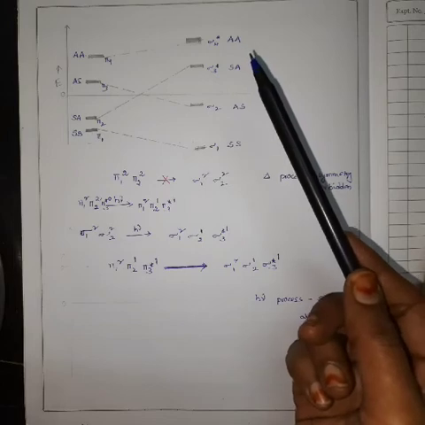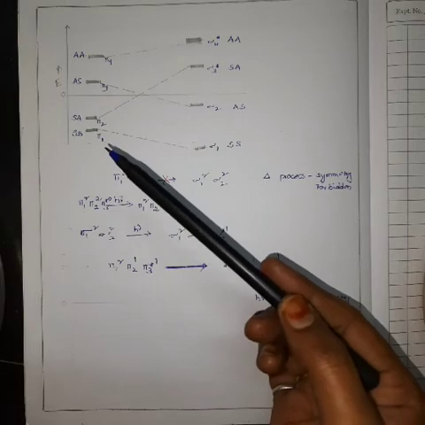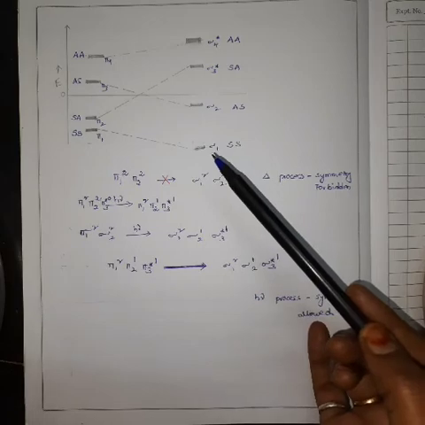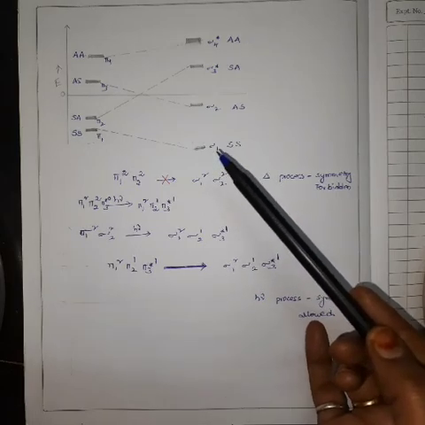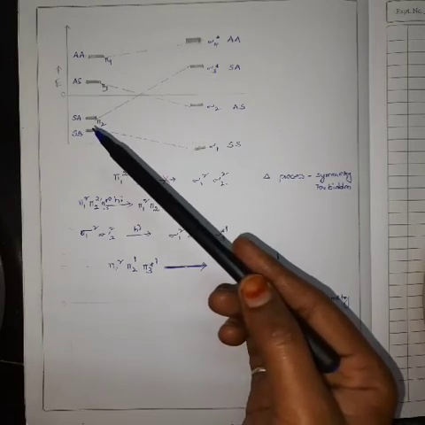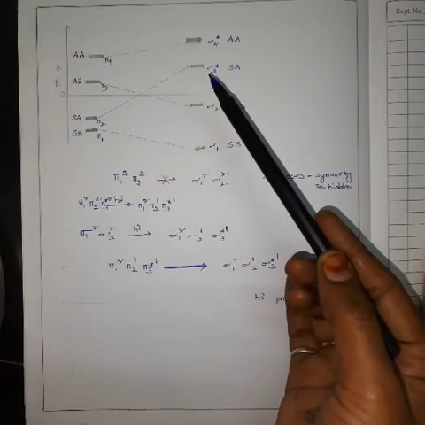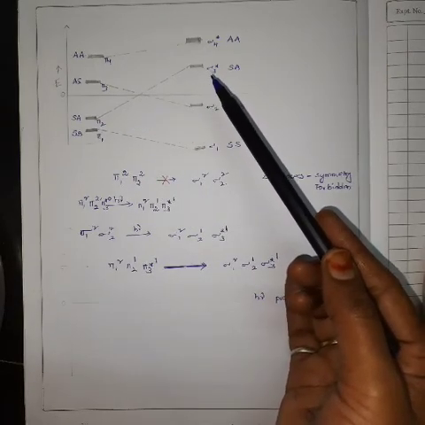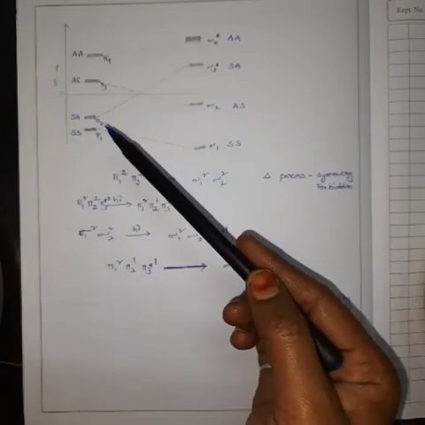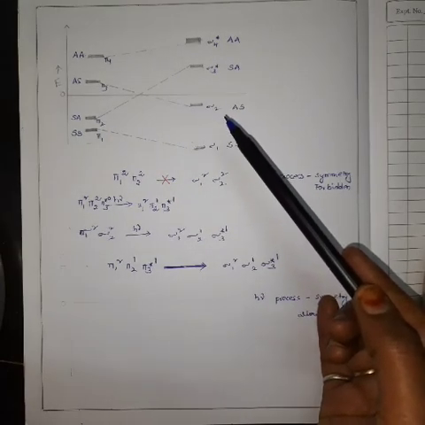molecular orbitals of products. Here the symmetry of the pi 1 orbital correlates with the symmetry of the sigma 1 orbital, and the symmetry of the pi 2 orbital correlates with the first excited state orbital sigma 3 star, but the pi 2 orbital symmetry does not correlate with the ground state orbital sigma 2.